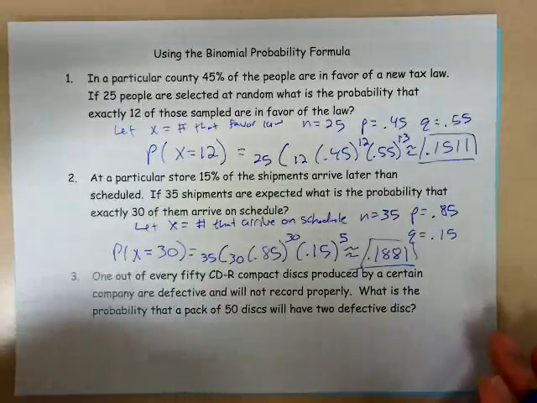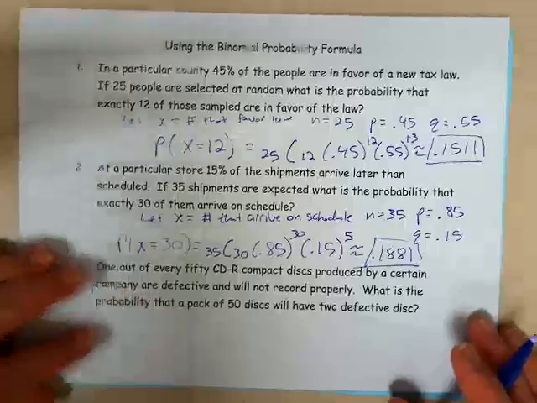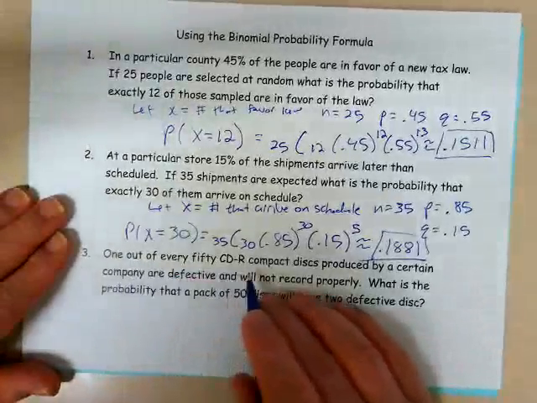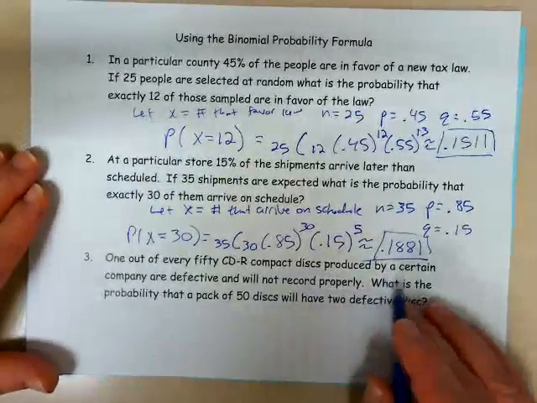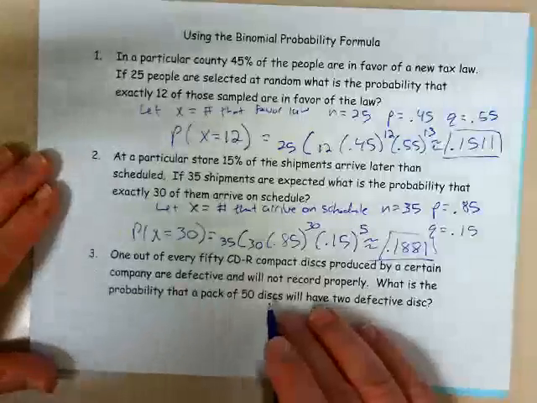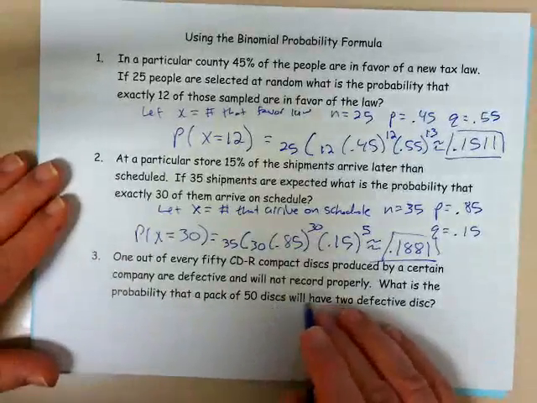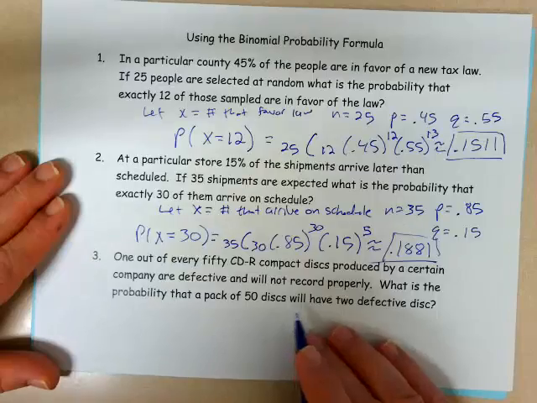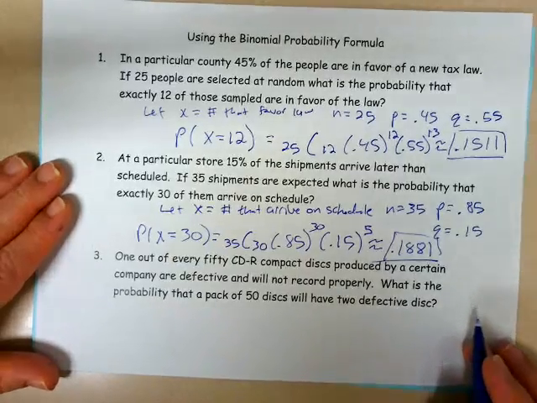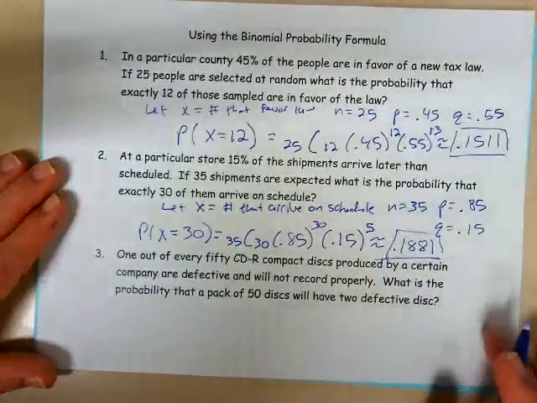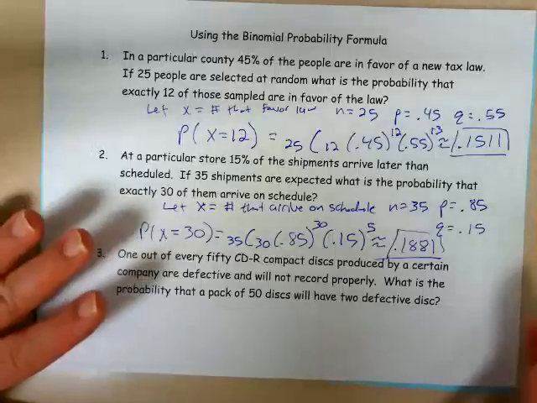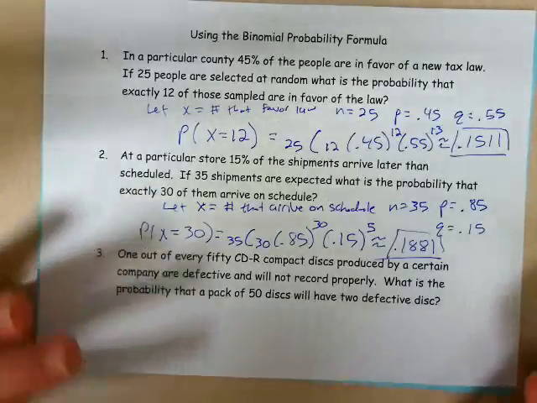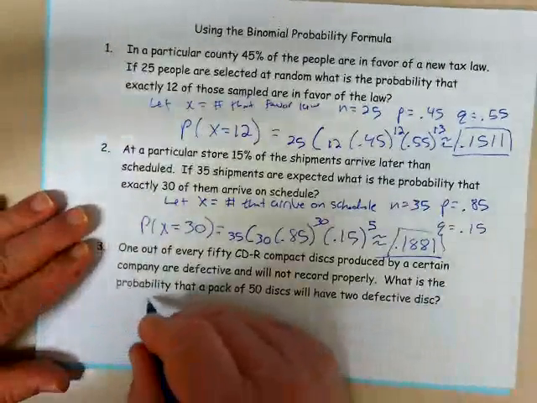Now this one's a little tricky, and I think it's in the wording here. It says 1 out of every 50 compact discs produced by a certain company are defective and will not record properly. What is the probability that a pack of 50 will have 2 defective discs? It's not giving me any percentage here, so it's giving me what I need to find the probability of a success.